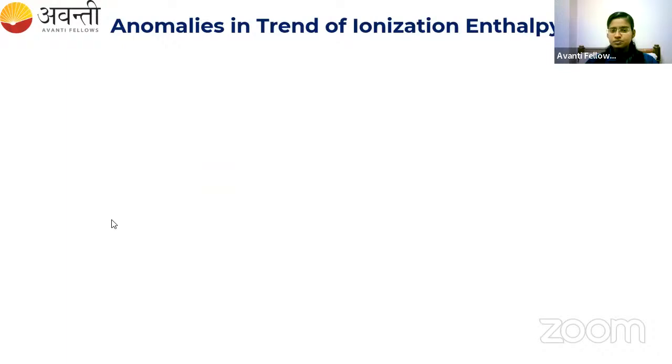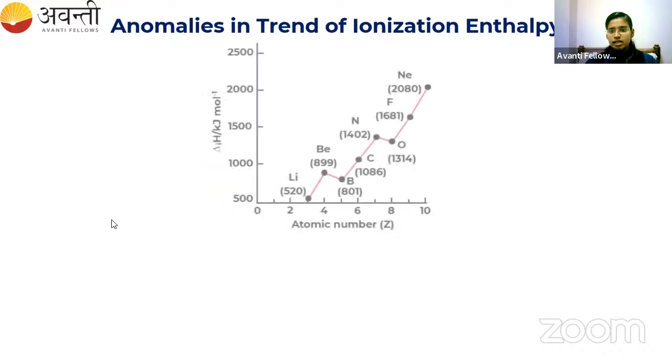So let's go for the anomalies in trend of ionization enthalpy. I am going to take this first graph, the across the period graph. Here in this graph, if you observe the ionization energy of beryllium and boron, what do you observe? What is the ionization energy of beryllium?